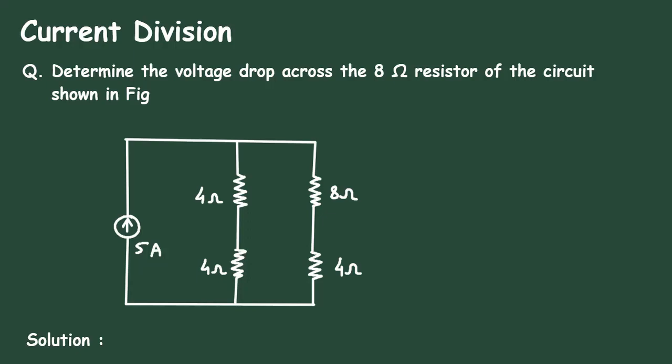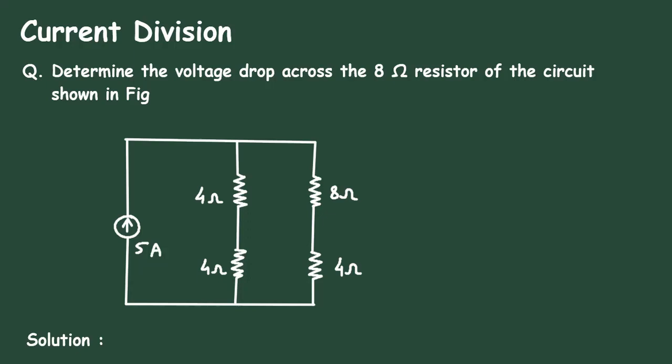So this will be 4 into 12 divided by 4 plus 12. So it is 3 ohm. So this equivalent resistance will be 3 ohm, divided by 3 plus 6.